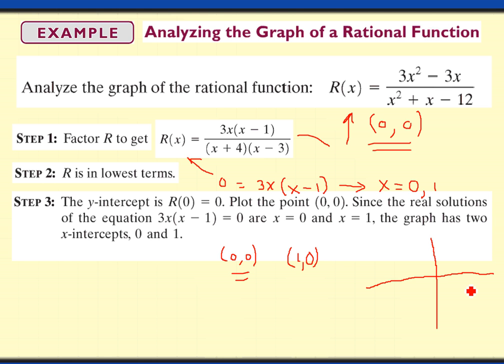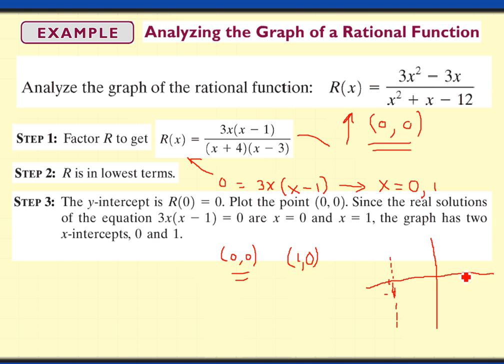We know we have a vertical asymptote at -4 by looking at the denominator there, don't we? So let's suppose that this is where that -4 is. So we have a vertical asymptote there. And as I draw that, and play like it goes through there. Okay, I apologize.